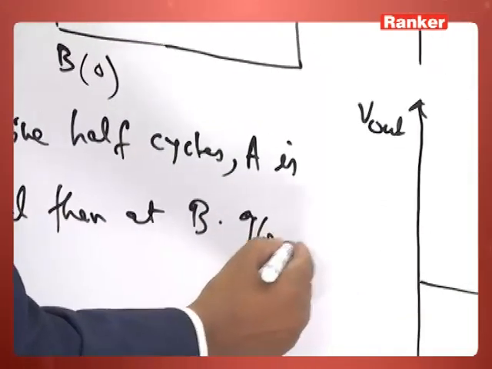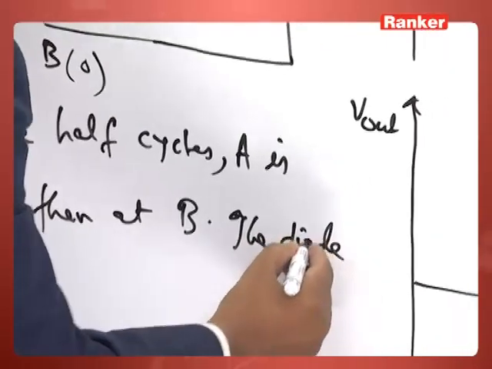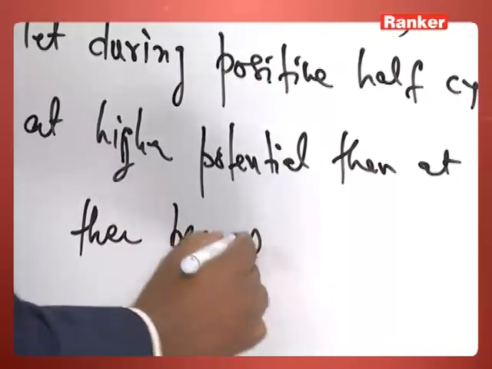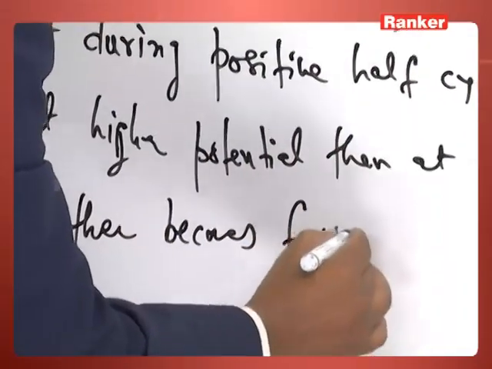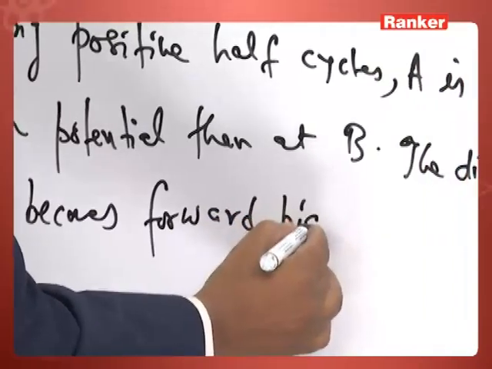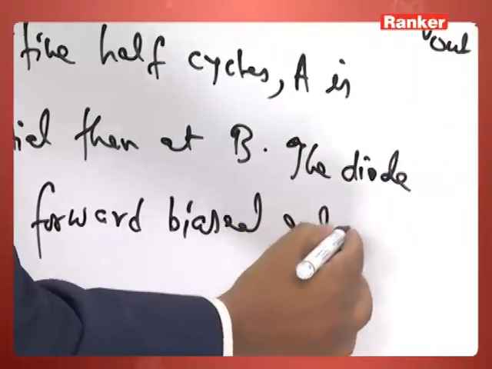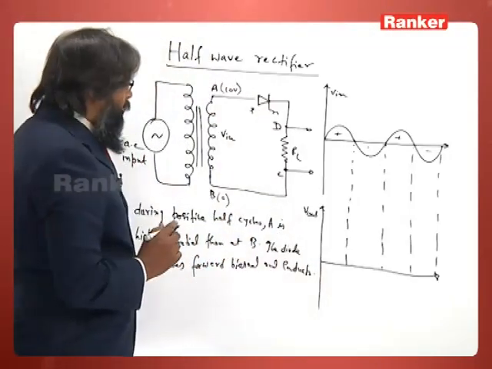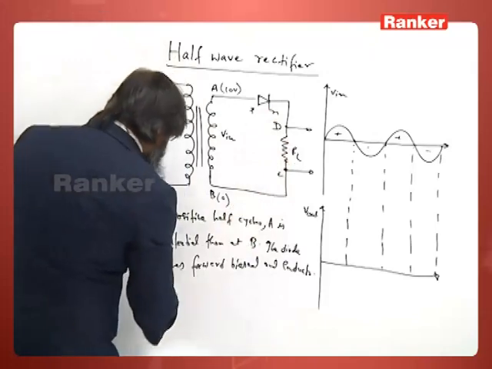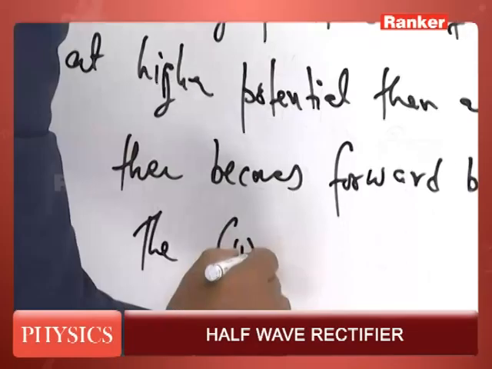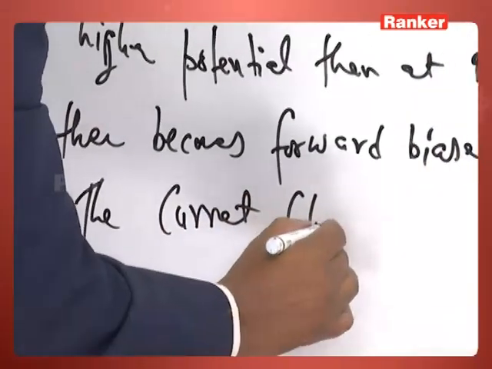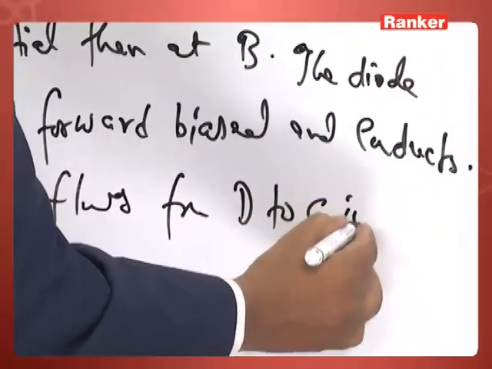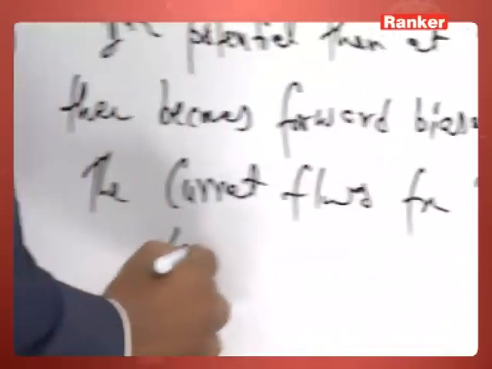So, during the positive half cycles, when A is at higher potential than B, the diode becomes forward biased and conducts. The current flows from D to C in the load resistor.